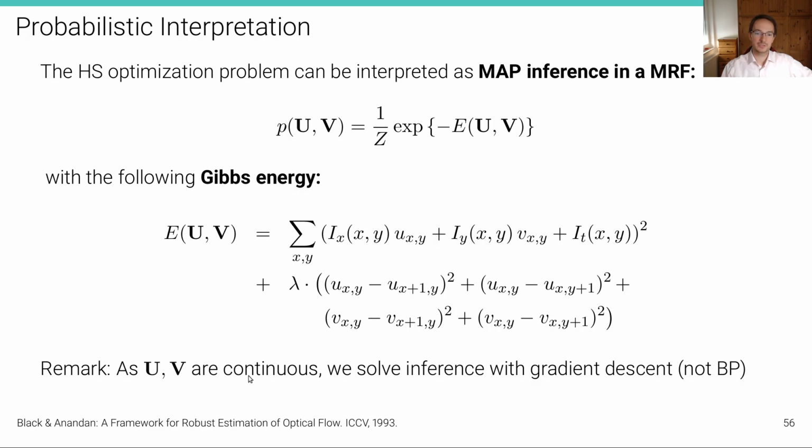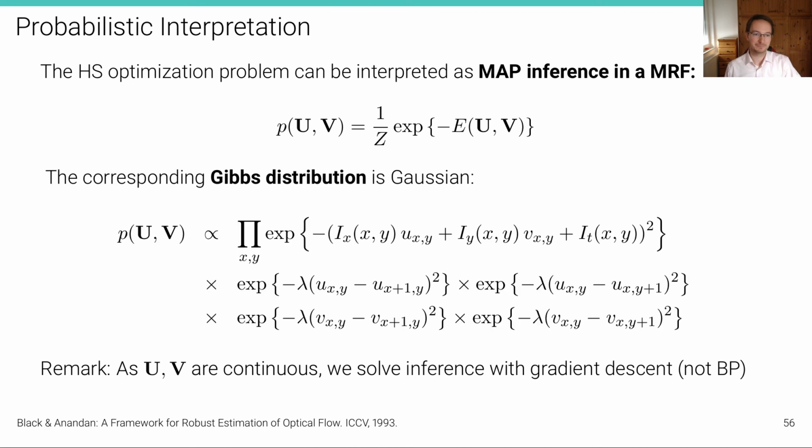But as u and v are continuous here, not discrete as in the case of stereo, we solve inference with gradient descent, not belief propagation. So we have a different inference algorithm, but we can think about the model in the same way as map inference in a Markov random field or in a factor graph or in a graphical model in general.